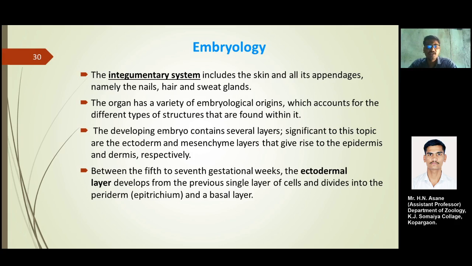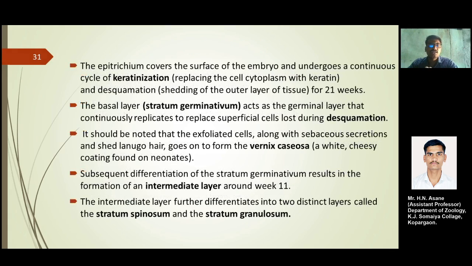The periderm is also referred to as the epitrichium, and the basal layers. The epitrichium and basal layers cover the surface of the embryo and undergo a continuous cycle of keratinization, the production of keratin, replacing the cell cytoplasm with keratin, and desquamation, shedding the outer layer of the tissues for the next 21 weeks.